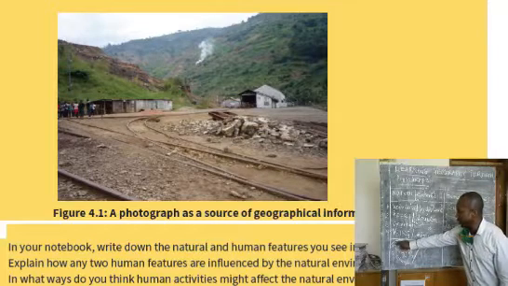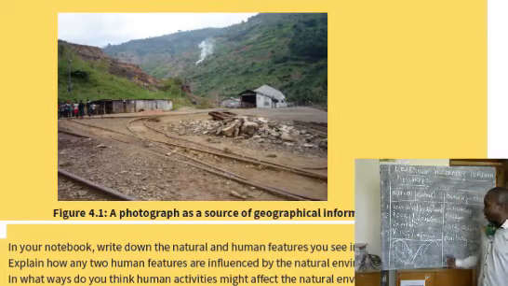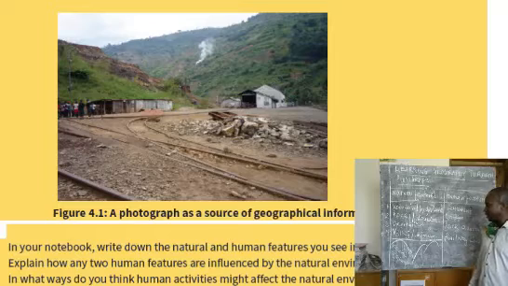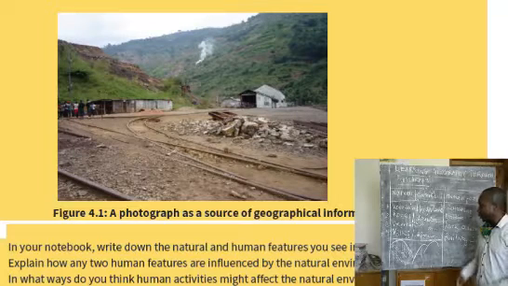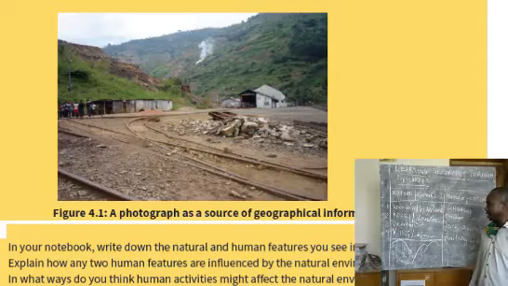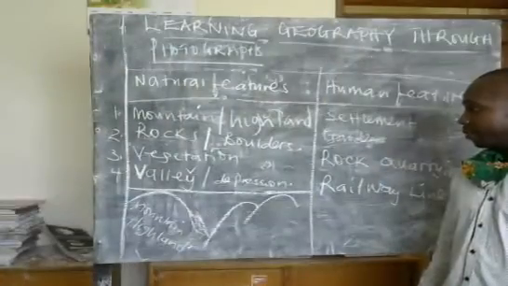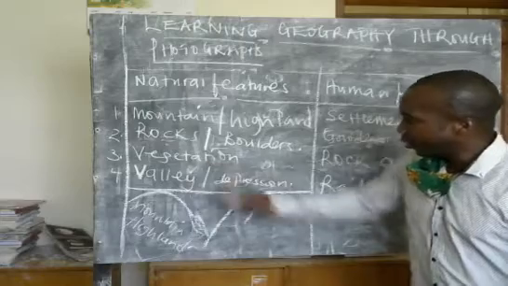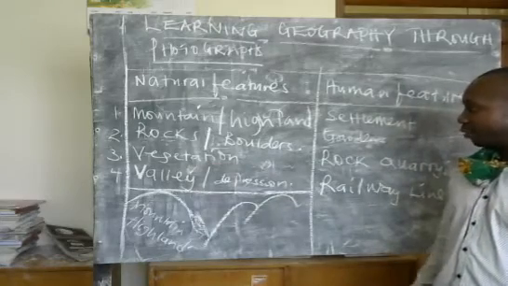The right hand side of the photograph, left hand side has highlands, but where those two meet, we have a valley. That is another physical feature that we have identified from the photograph.